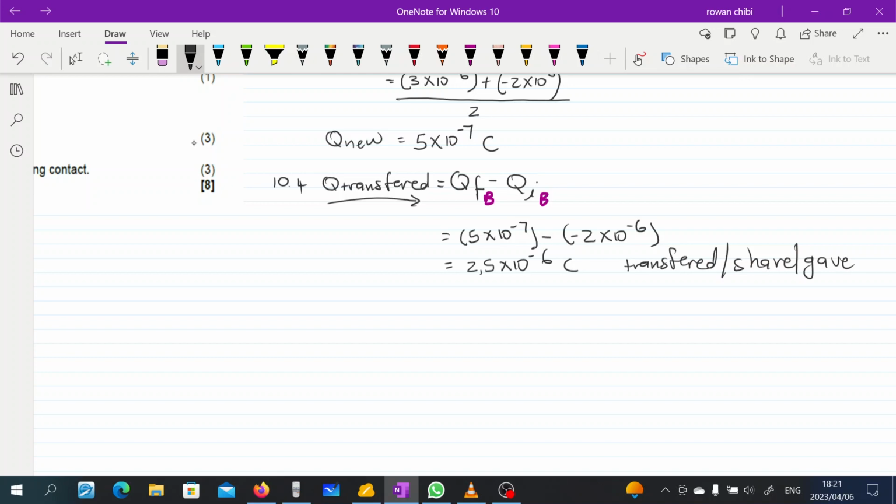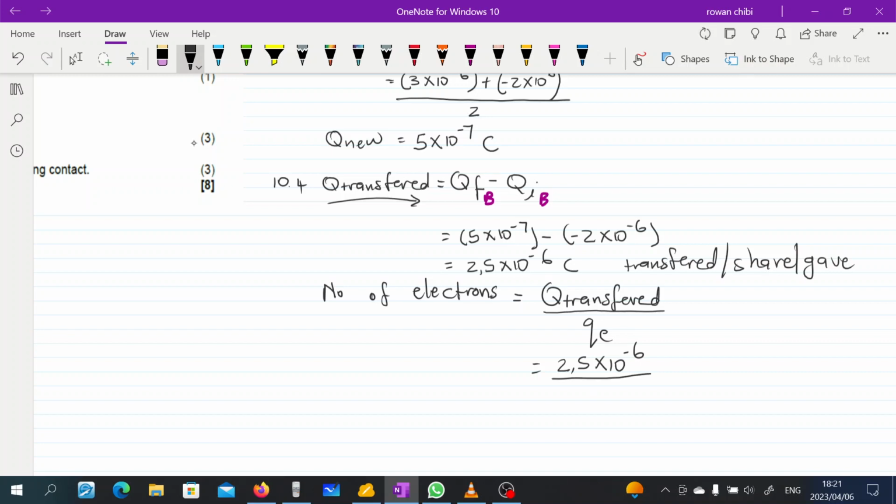So to find now the number of electrons that B transferred to A, we're going to take that Q transferred of B and divide it by the quantization of charge. The amount of charge that was lost, we said, is 2.5 times 10 minus 6.